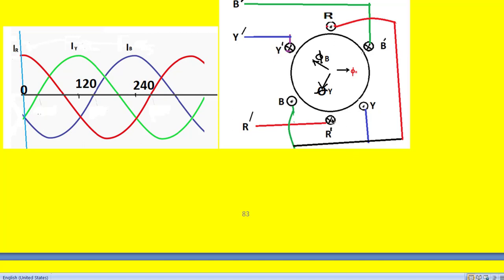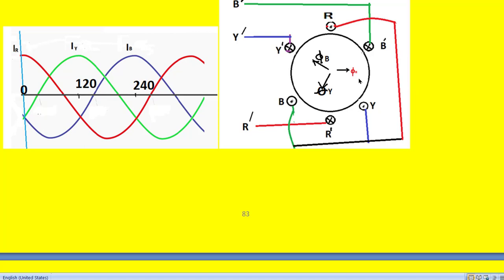So once we put the right hand fingers into this paper, then the thumb indicates the direction of the flux produced, or magnetic flux produced, that is in this direction, from left to right.